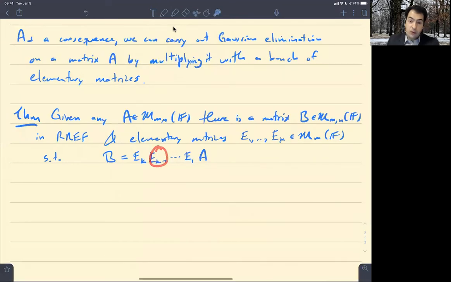You've done the (k-1)th row operation, you do the kth row operation, and when you're done with all those row operations, you obtain the matrix that is in reduced row echelon form.